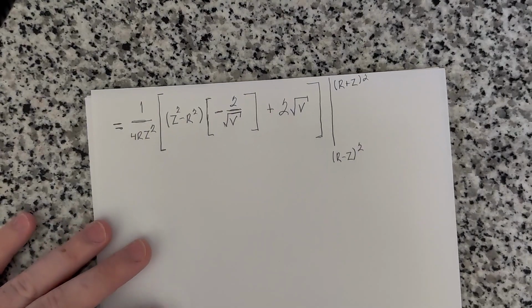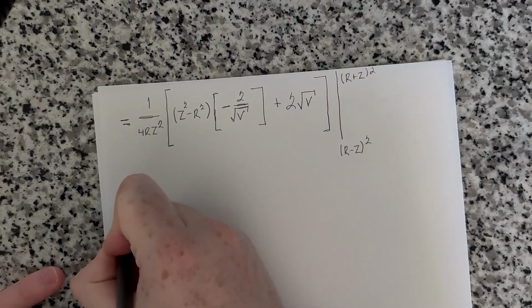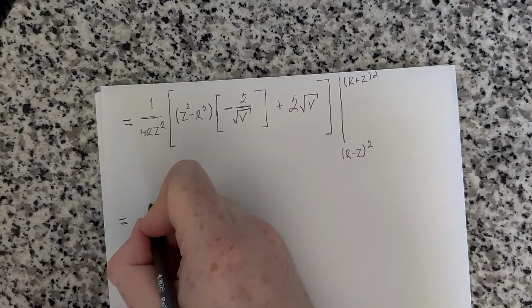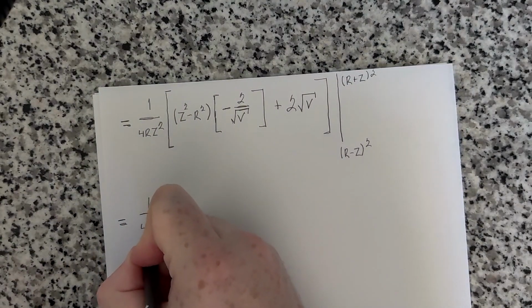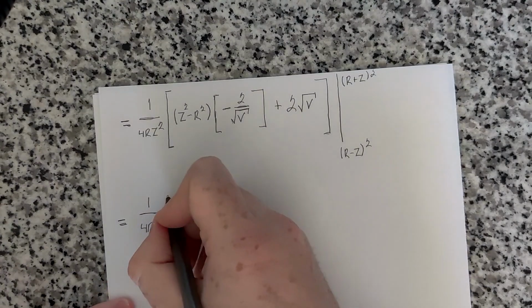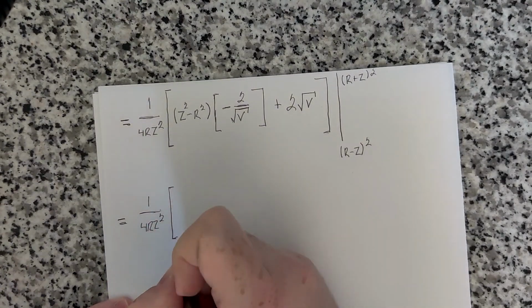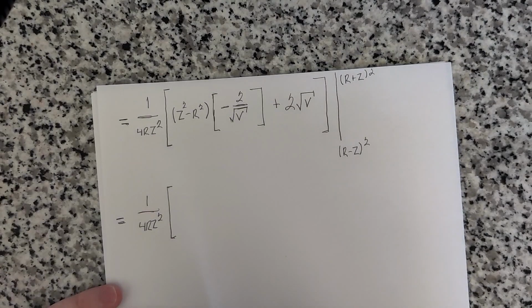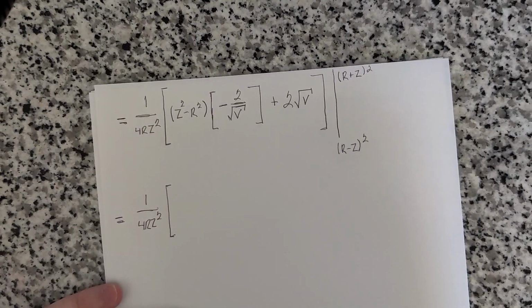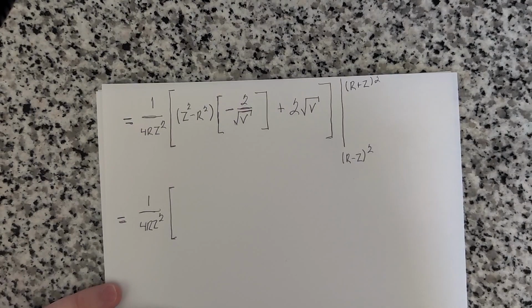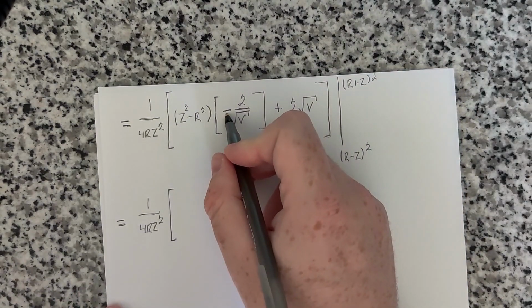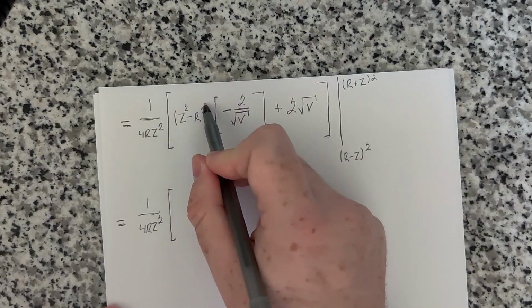All right, so let's go ahead and plug everything in. I'm just going to keep the 1/4rz squared out for now until we're done evaluating everything. What's the easiest way to do this? I'm going to take this minus sign and apply it to this term here.